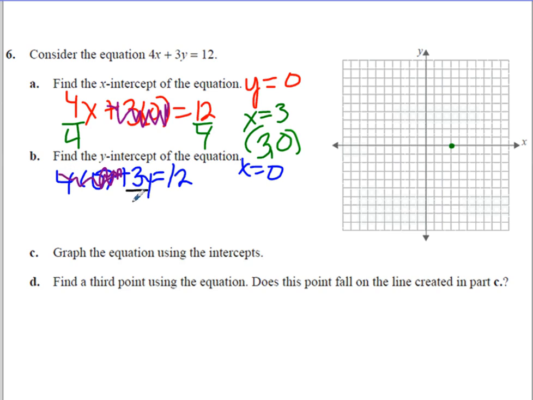If we divide the 3 off, we see that our y value equals 4. So when x was 0, y equals 4, and as an ordered pair, that's 0, 4. We're not moving left or right, we're just counting up 1, 2, 3, 4. And there's our y-intercept. So now we can graph it.